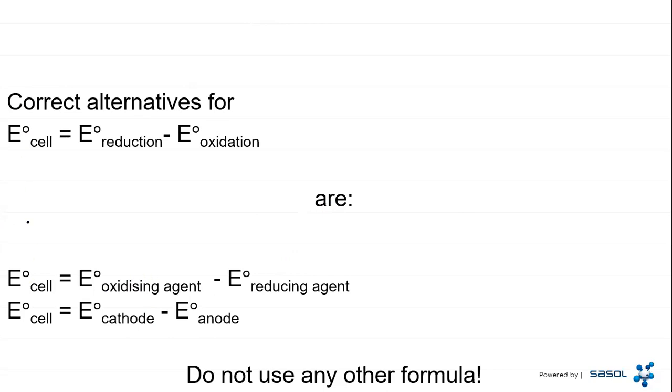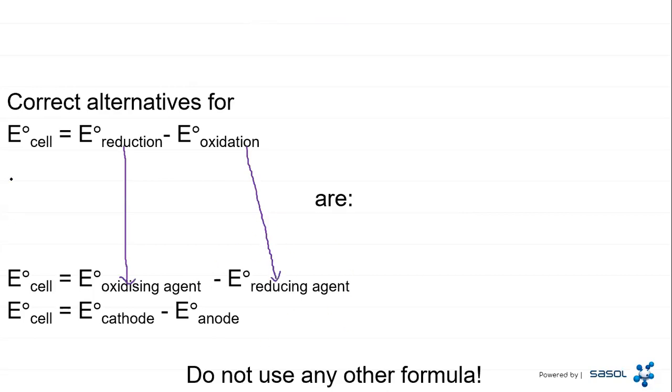One of the versions is to say E naught cell is equal to E naught oxidizing agent minus E naught reducing agent. And it makes sense. You know that reduction is undergone by an oxidizing agent, and oxidation is undergone by a reducing agent altogether.